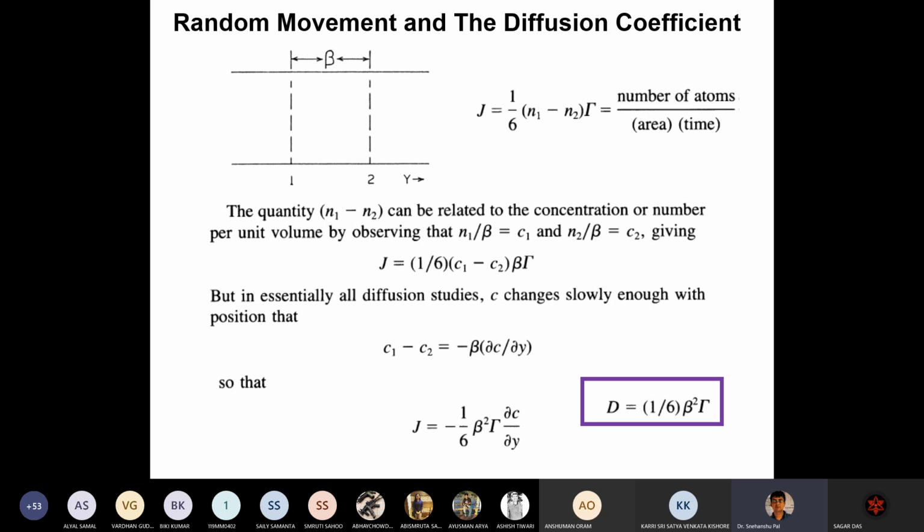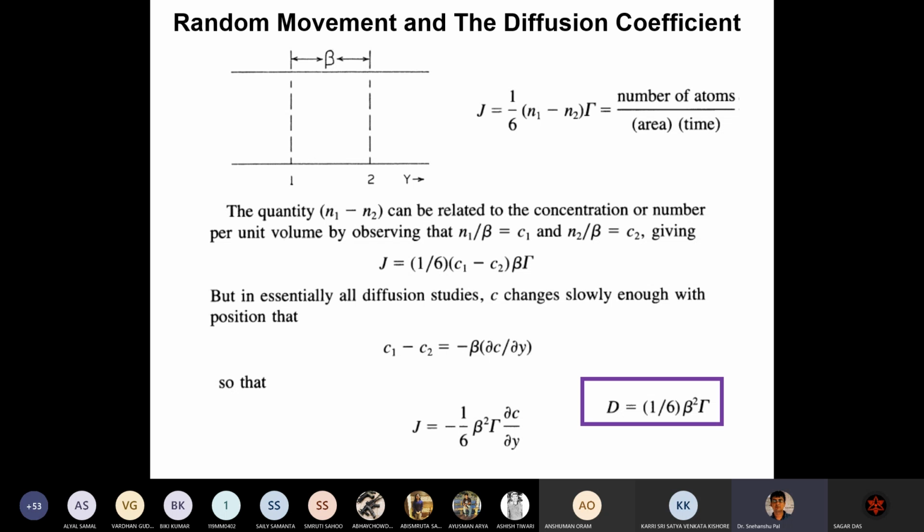Now you consider only jumps to left and right, that is, those giving a change in position along the y-axis. Again, please consider two adjacent lattice planes, designated in the picture as 1 and 2, and these two adjacent lattice planes are apart by a distance, suppose beta.